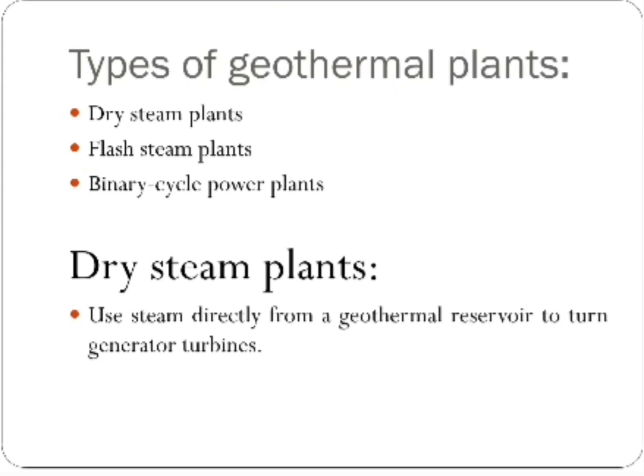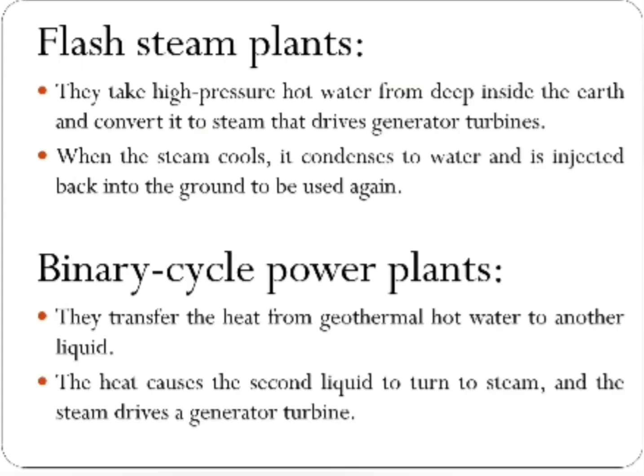So what is the difference between each is that in dry steam plants, steam is directly taken from the geothermal reservoir, and it drives the turbines and generates electricity. Coming to flash steam plants, these take high pressure hot water from deep inside the earth and convert it into steam that drives the generator turbines.